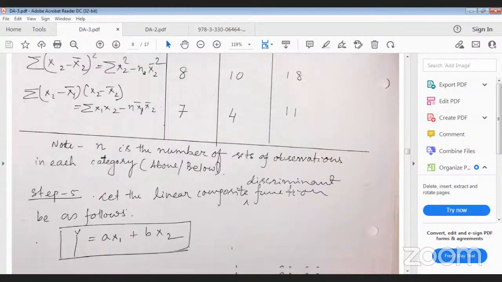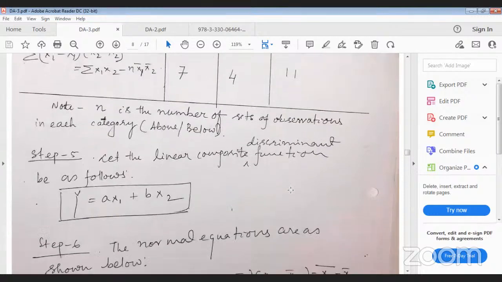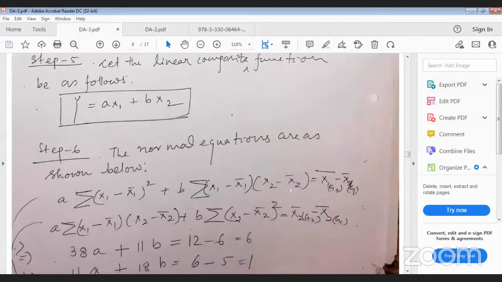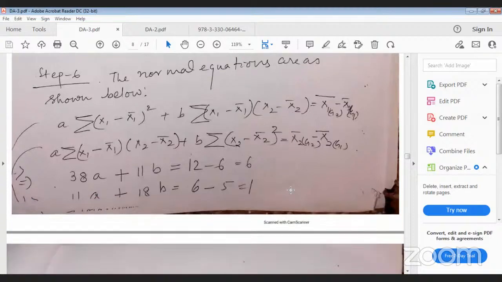Next, let the linear component of the discriminant function be considered. What is the discriminant function? Already you have written y equals a x1 plus b x2. Then you form the normal equation. How to go for the normal equation?